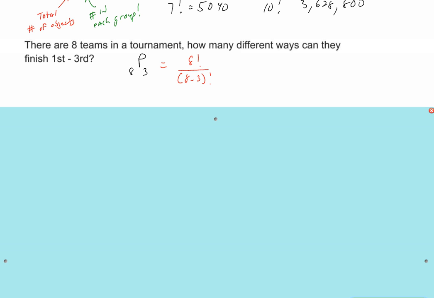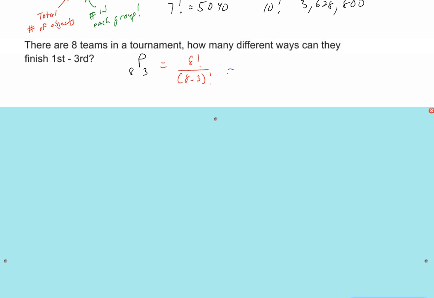It looks just like that. Usually you punch in the left number, you hit the button, and then you punch in the right number. So you punch in 8, you hit your permutation button, you punch in 3, you hit enter, and it's going to give you the solution there of 8 teams and what is their finish, first through third.